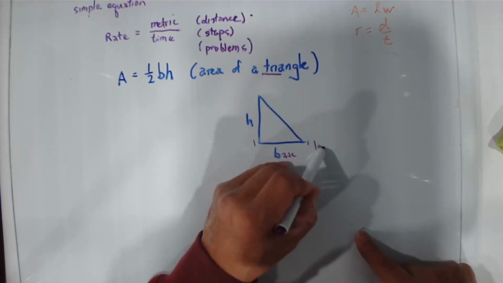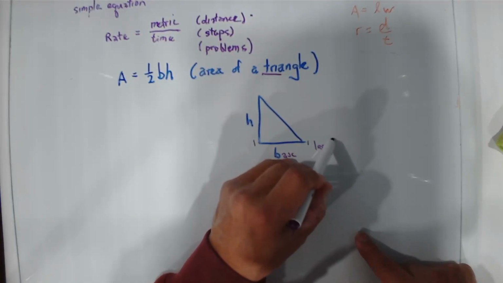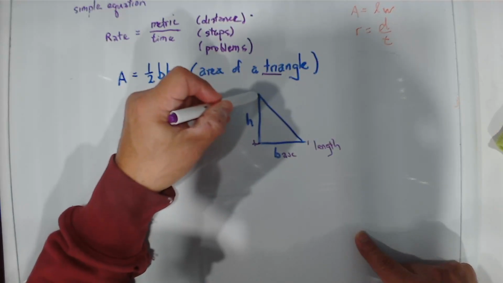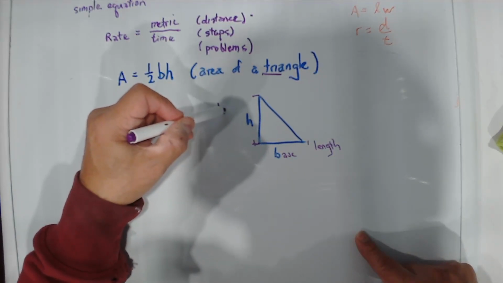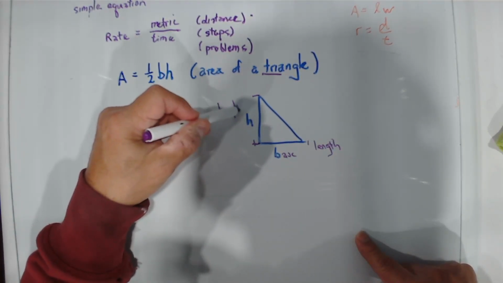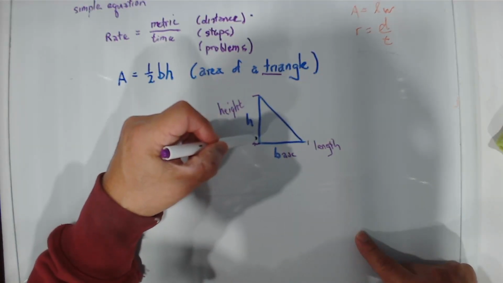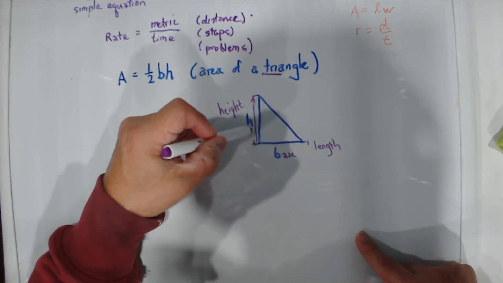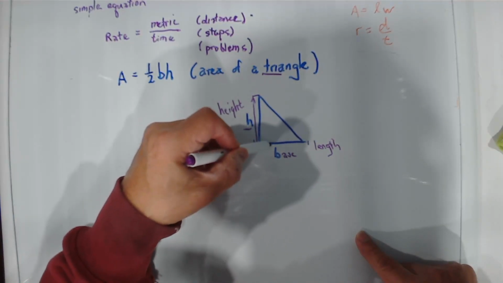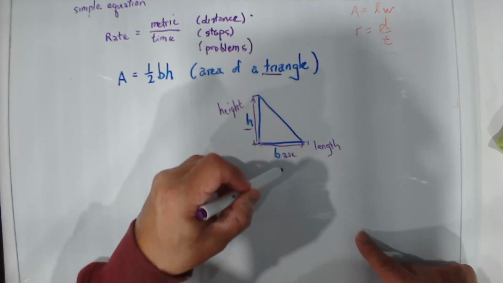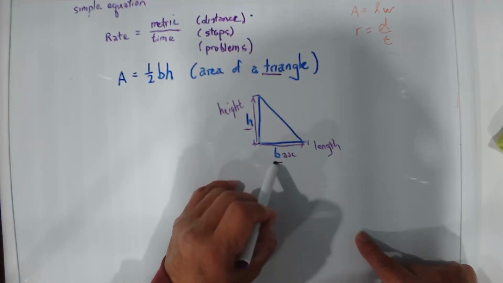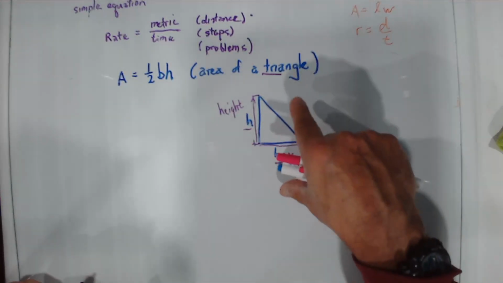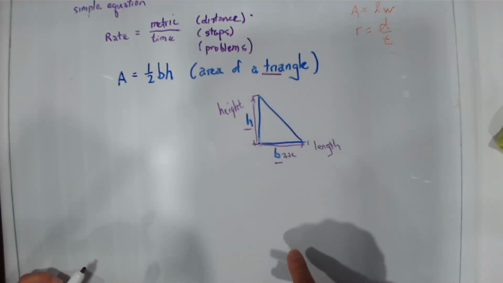And then the height goes from here to here, and so this distance here is h. This distance here is your base. So that's where your base and height come from. So now we drew it out, and we kind of understand what we're looking at.